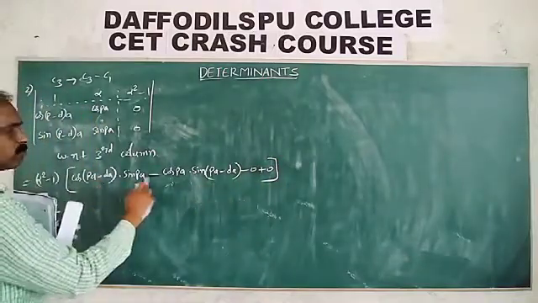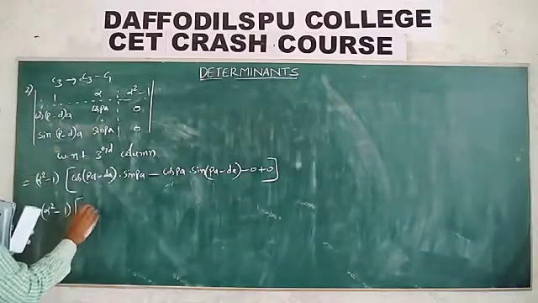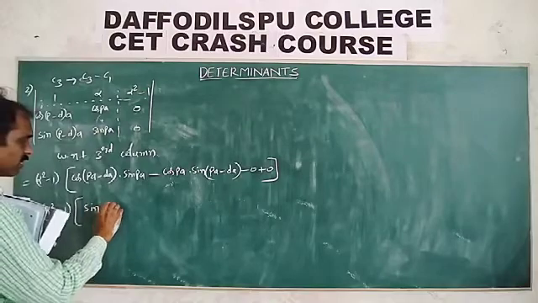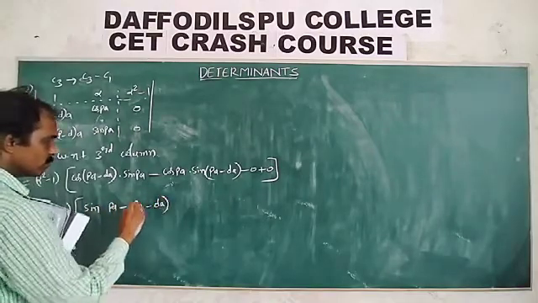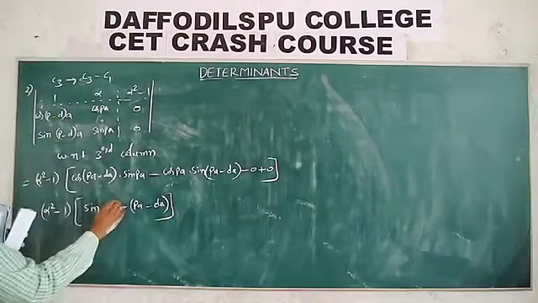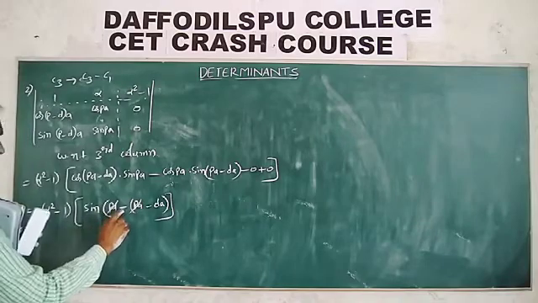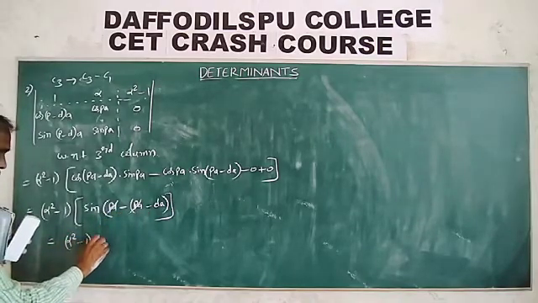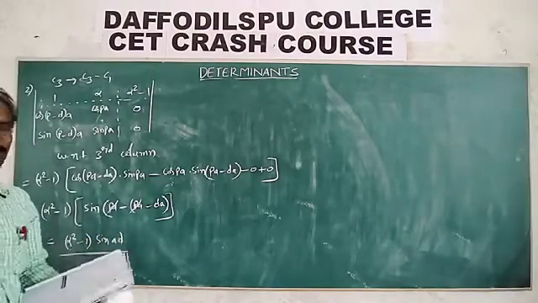Sin A cos B minus cos A sin B is sin of A minus B. Therefore, sin A minus B formula. Okay. Here PA cancels, minus into minus plus, that is equal to alpha square minus 1 sin AD. This is the resultant answer of the determinant.